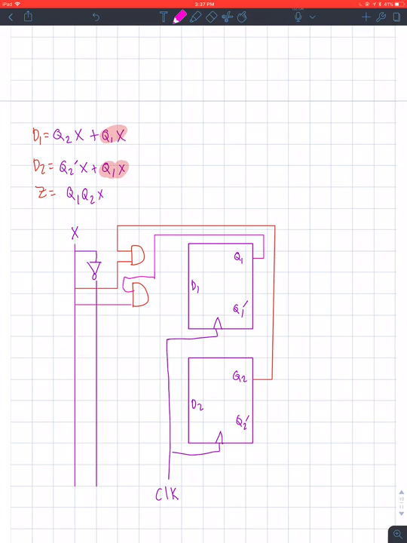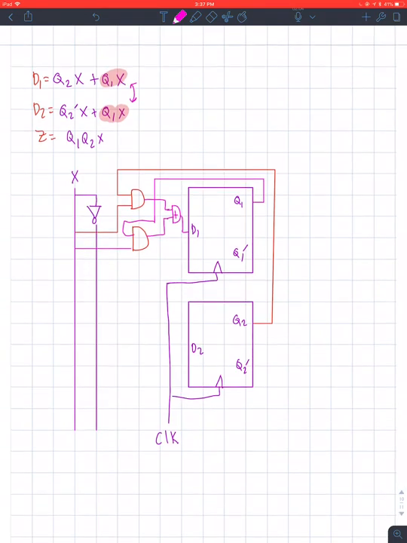And now for D2, I know that I have overlapping with D1 here. So before I forget, I need to OR these together. That goes into D1. And then now I have D2. Draw it like this.